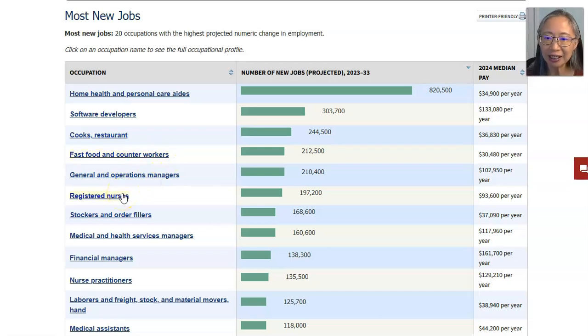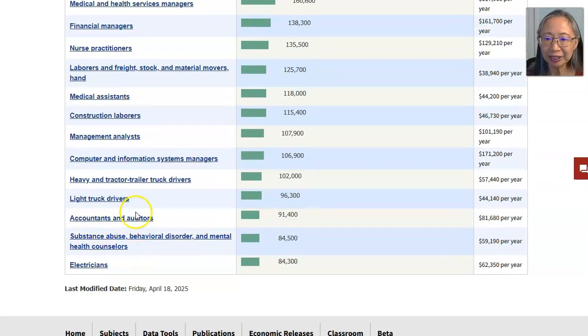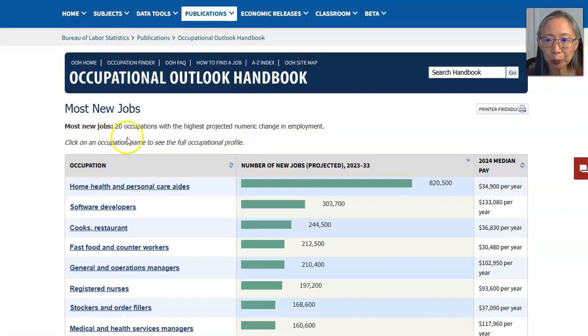Registered nurses, warehouse workers, managers in medical facilities, financial managers, and you can scroll down, accountants, counselors, electricians. So these are the 20 occupations with the highest projected number of new jobs being created.